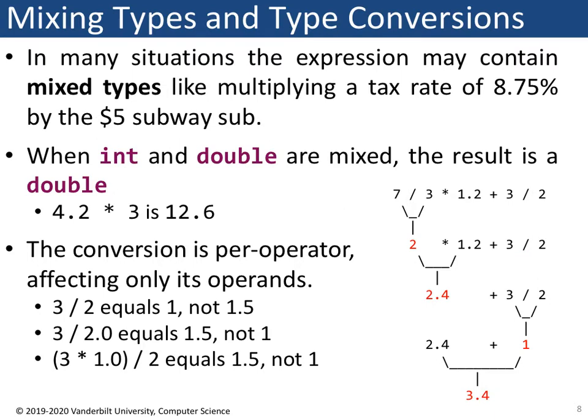However, we evaluate left to right in situations of equal precedence, so the multiplication goes first. We have an integer and a real. So an integer multiplied by a real results in a real. So now we have 2.4. So the new expression is 2.4 plus 3 divided by 2.